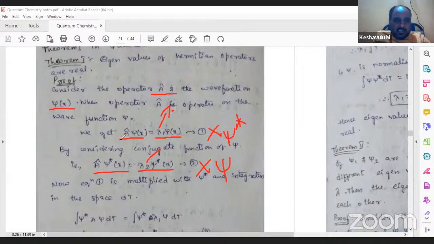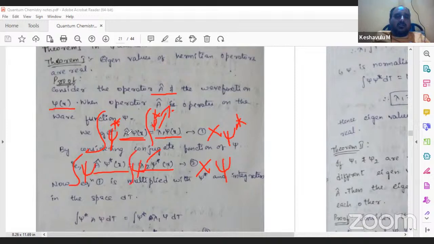For example, here, this is multiplied with psi star, so write psi star in front of A into psi and integrate within the limits, that is d tau. Similarly, psi star will be written in front of lambda 1, then do integration. That is equation 3. In equation 2, psi star is there, we multiply with psi and do integration.